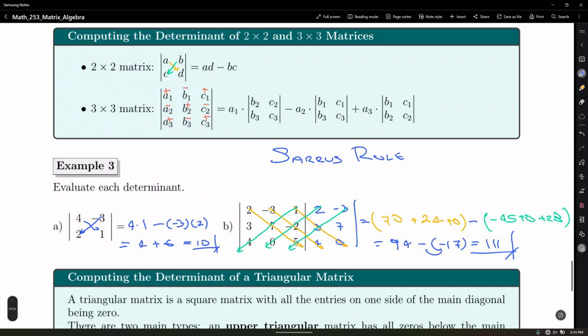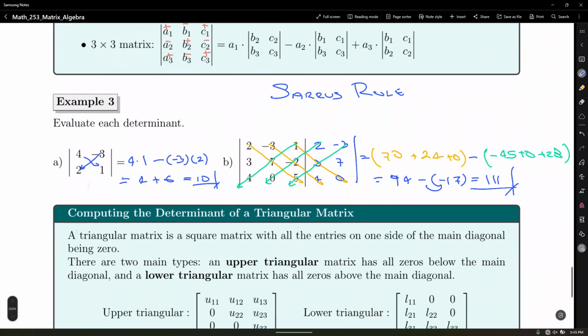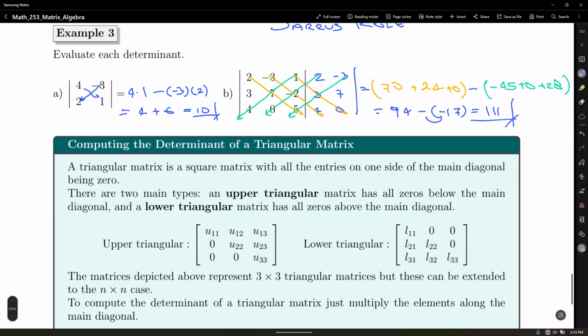Now, another quick, not shortcut, but if you happen to see one of these special matrices called triangular matrices, that's actually the best case scenario. Let's define what a triangular matrix is. A triangular matrix is a square matrix with all entries on one side of the main diagonal being zero.